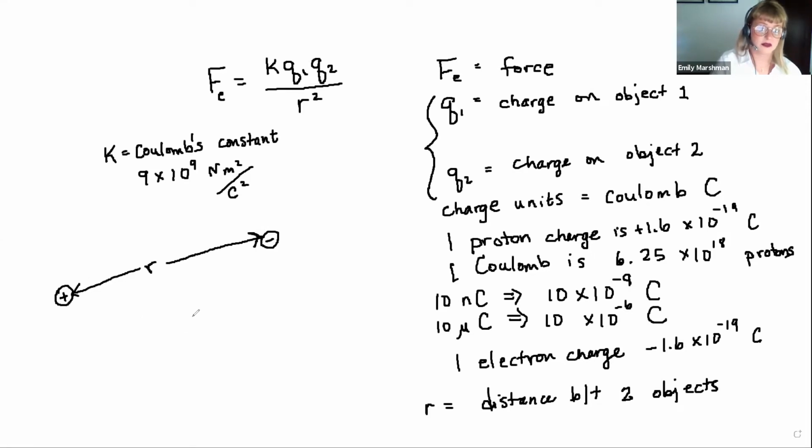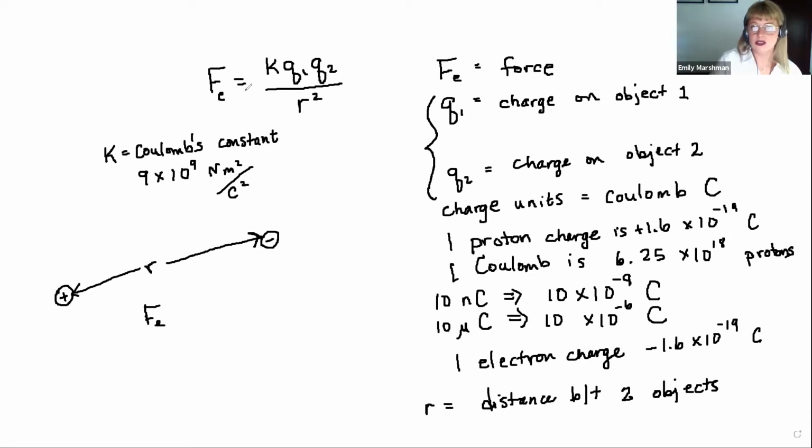The distance between them is r. You can solve for the electrostatic force, just the size of it. That means you don't have to plug in the sign of the charge here. You could just solve for the magnitude of the force.